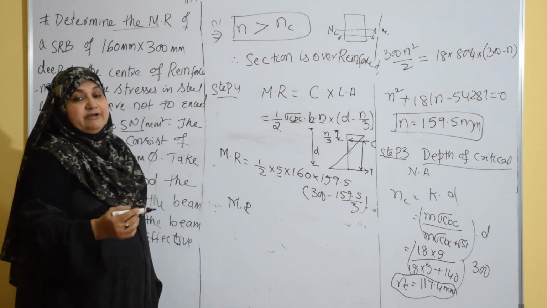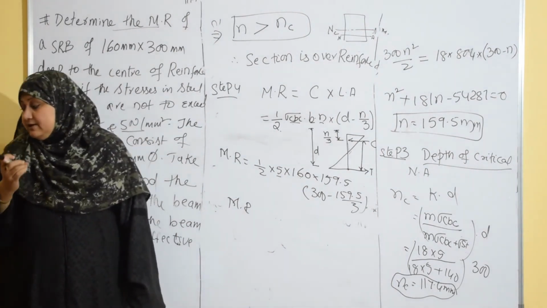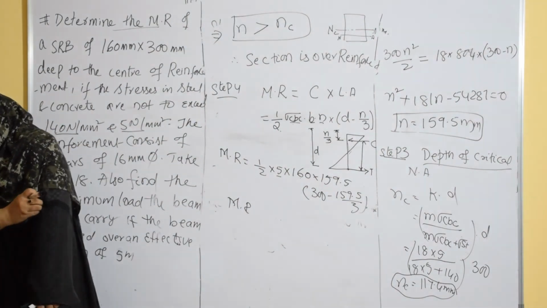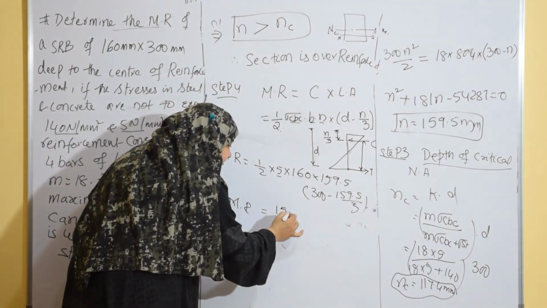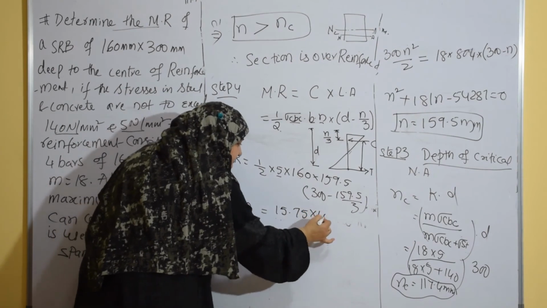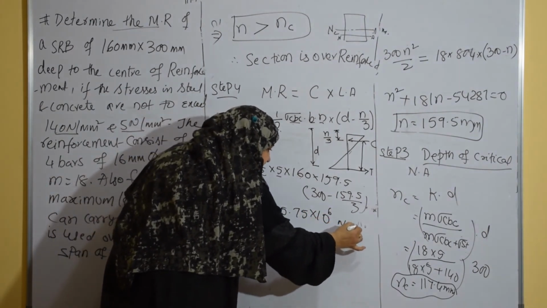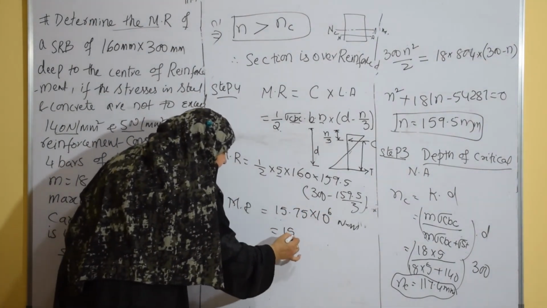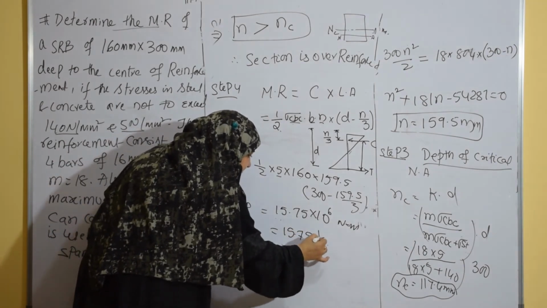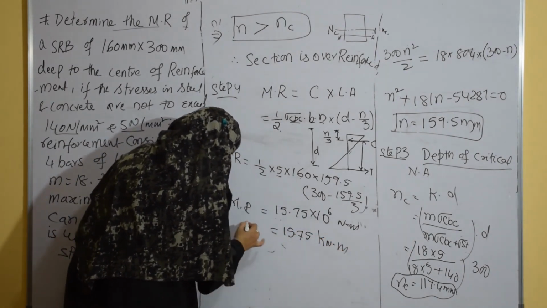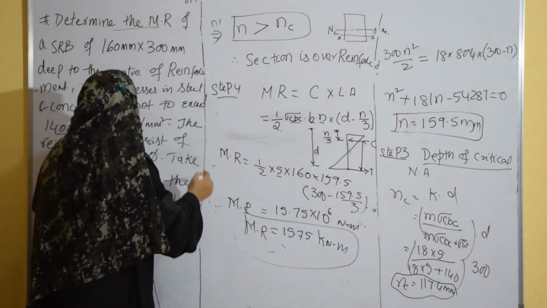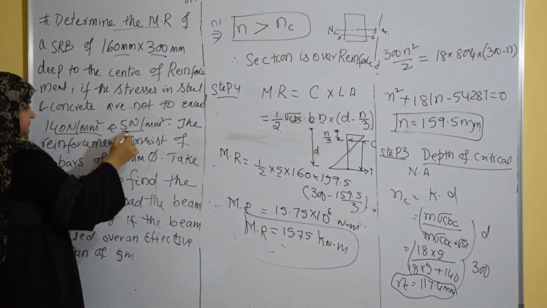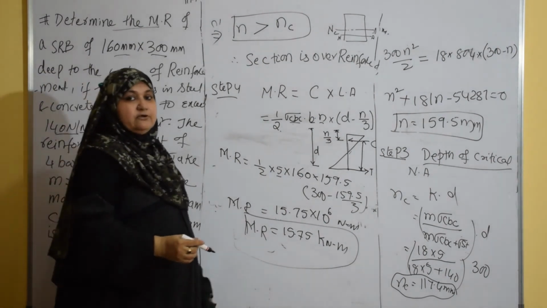So you get a very big number that will be in Newton mm. So you divide it by 10 to the power of 6. If you like, you get 15.75 into 10 to the power of 6 Newton mm. So you can just avoid this 10 to the power of 6, it becomes kilonewton meter. So this is the moment of resistance of the given section.